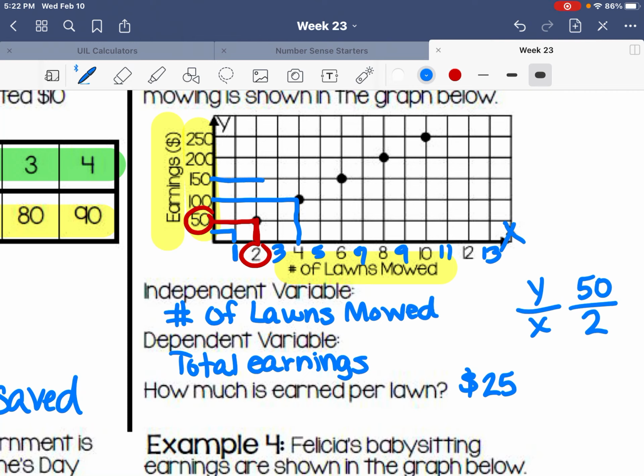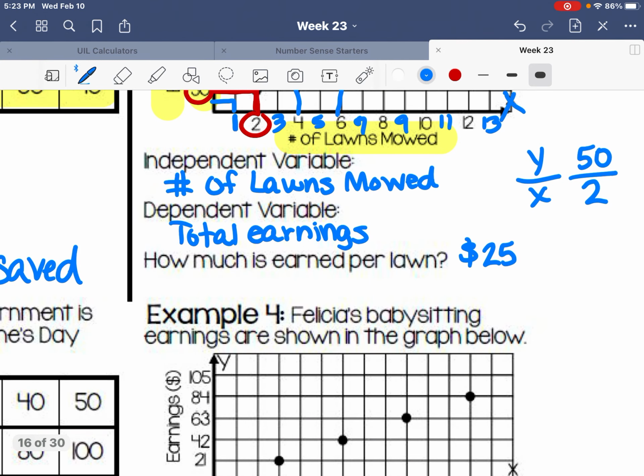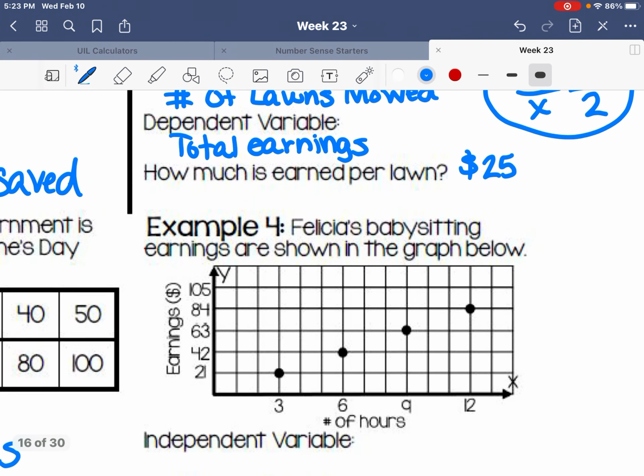This value is 150. This value is 6. 150 divided by 6 is also 25. It'll work all the way up to the very top, where if you have 250 divided by 10, it's still going to give you 25. So that's a key way to find the unit rate or the amount per one, is divide y by x.